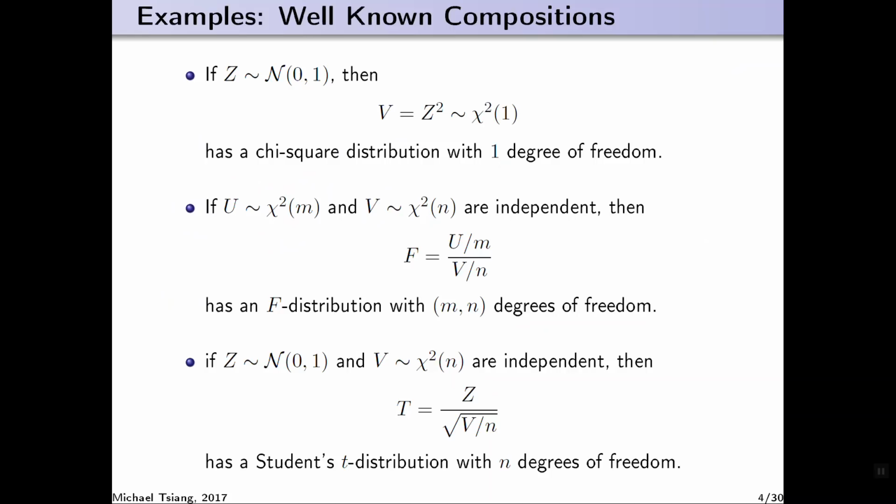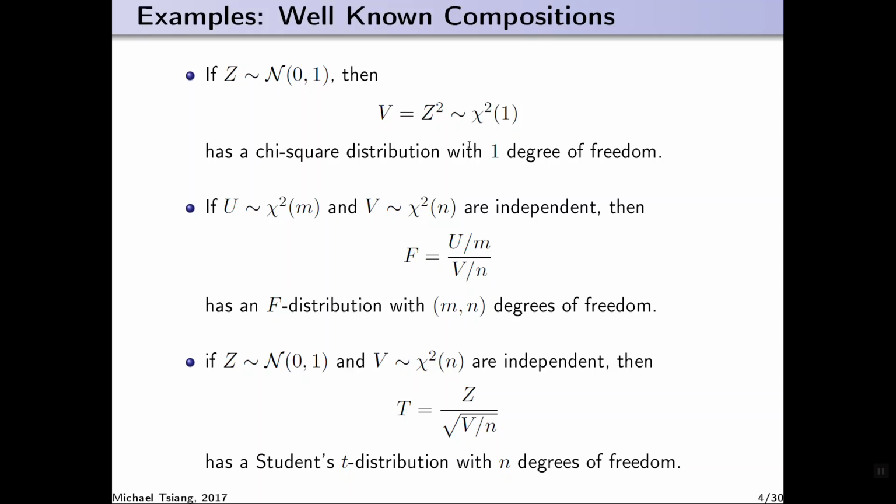So, if Z comes from a random normal distribution, and we say V is equal to this random normal variable squared, then the result will be a chi-squared distribution.